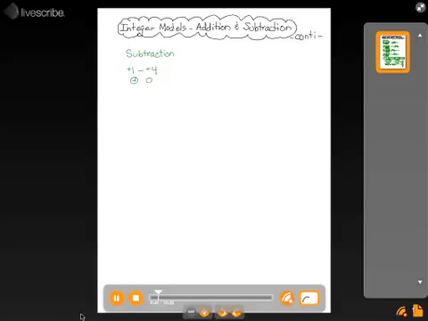So we can add a positive and a negative because that's equivalent to 0. And we can add another positive and another negative because that's equivalent to 0. And another positive and another negative because that is equivalent to 0.